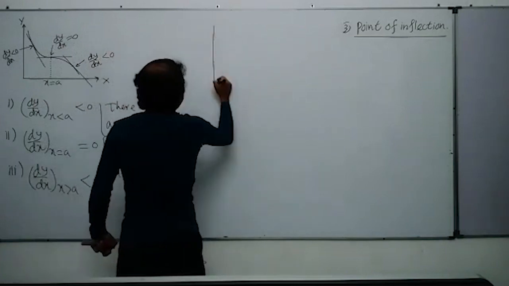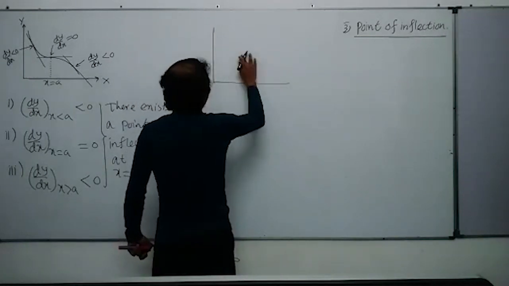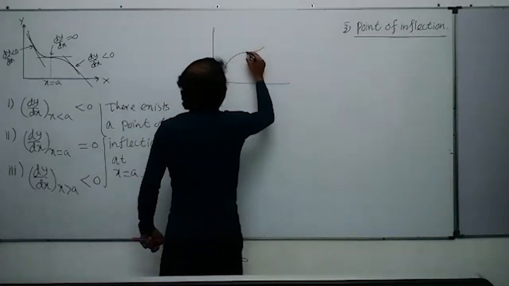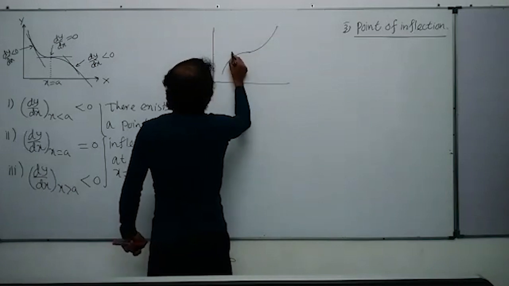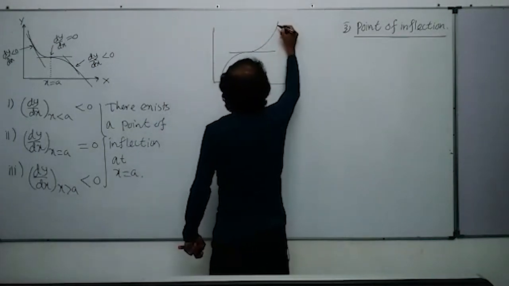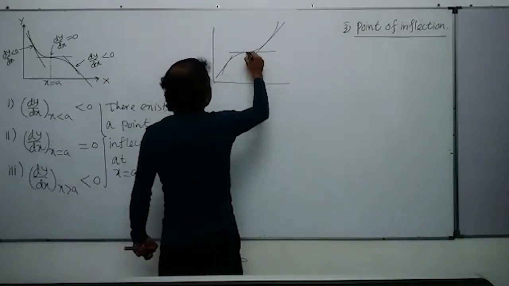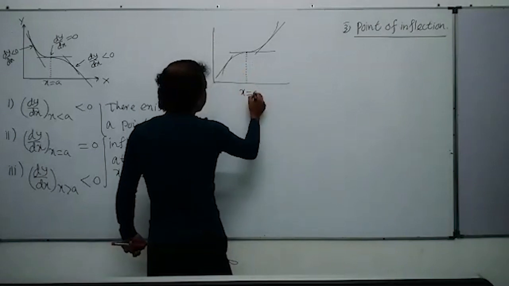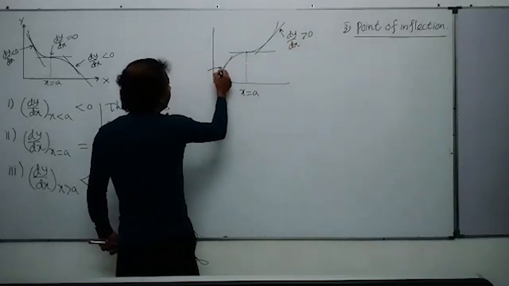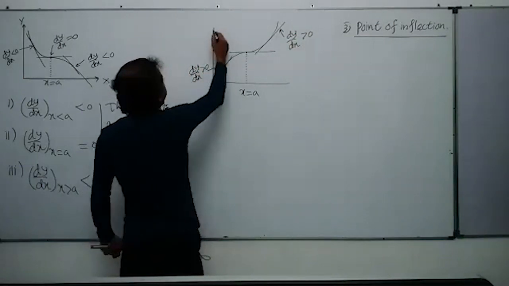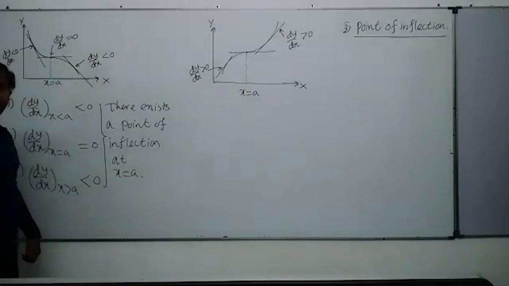The other one is this. Dy by dx positive, this side also the same sign positive, y-axis and x-axis. Then this is also another kind of point of inflection, right?